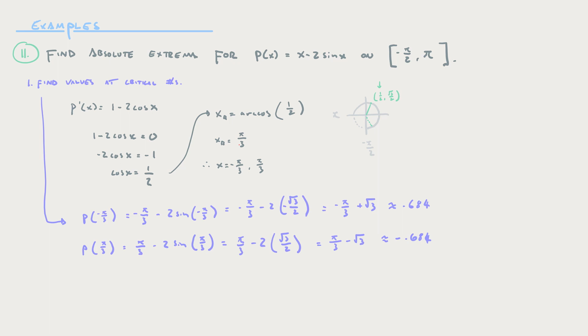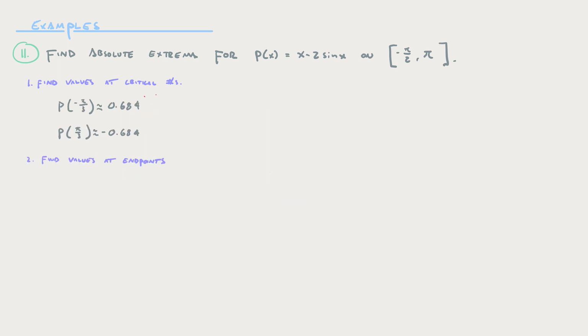Now, again, I'm trying to find absolute extrema, so I'm going to find the f values at negative pi over 3 and pi over 3, and that's what all of this work is. This is just function evaluation. Negative pi over 3 produced a y value of 0.684, and pi over 3 produced a y value of negative 0.684.